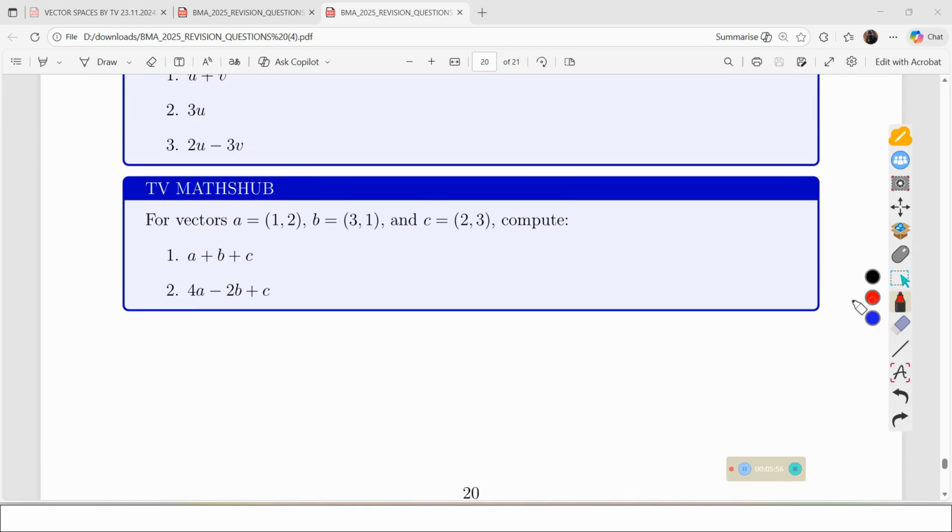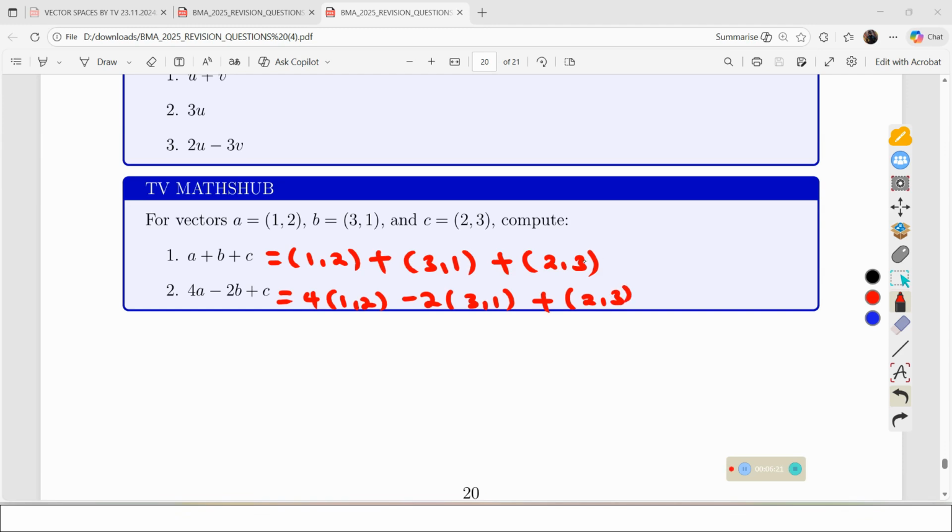Please compute that and put your answers in the comment section. Get a plus b plus c, get the value. So you are getting (1, 2) plus (3, 1) plus (2, 3). You are adding the corresponding entries. You are having 4 into (1, 2) minus 2 into (3, 1), then plus (2, 3). You can use this format, or else you can put them in the column form as we have seen above. So you should be able to try it out.